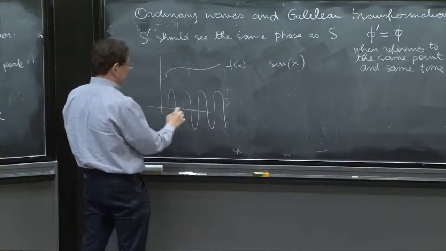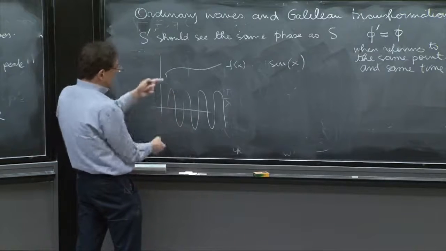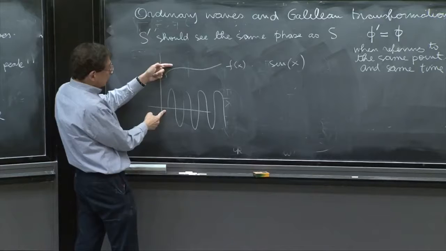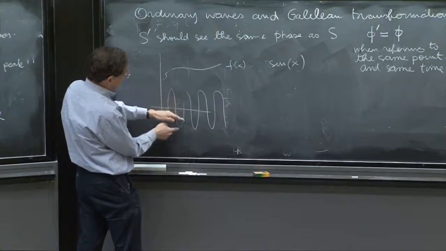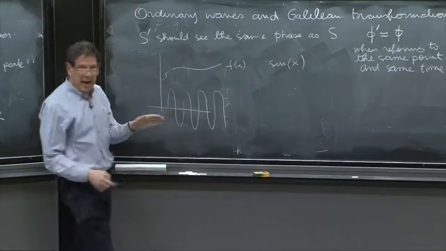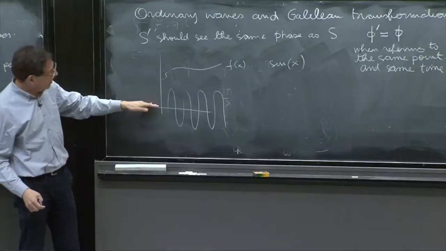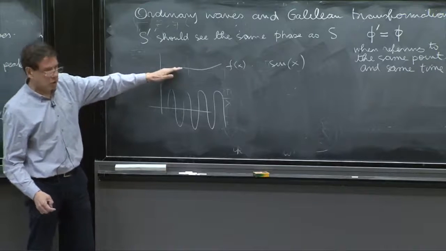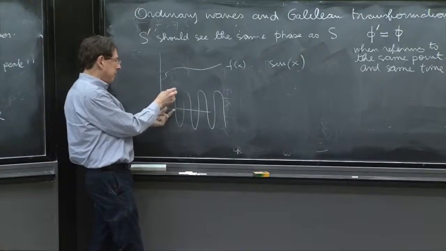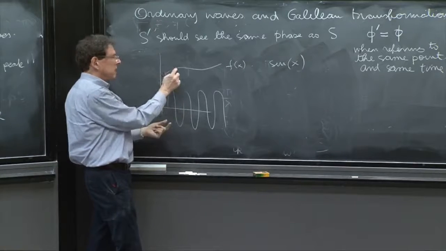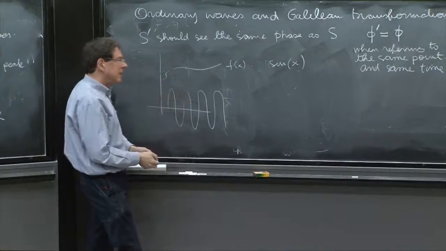Sine is half the times positive, half the times negative. If you multiply these two functions, you're going to get a function that is half the time positive and half the time negative. And in fact, the integral will contribute almost nothing if this function is slowly varying. Because if it's slowly varying, the up peak and the down peak haven't changed much the function, and they will cancel each other.